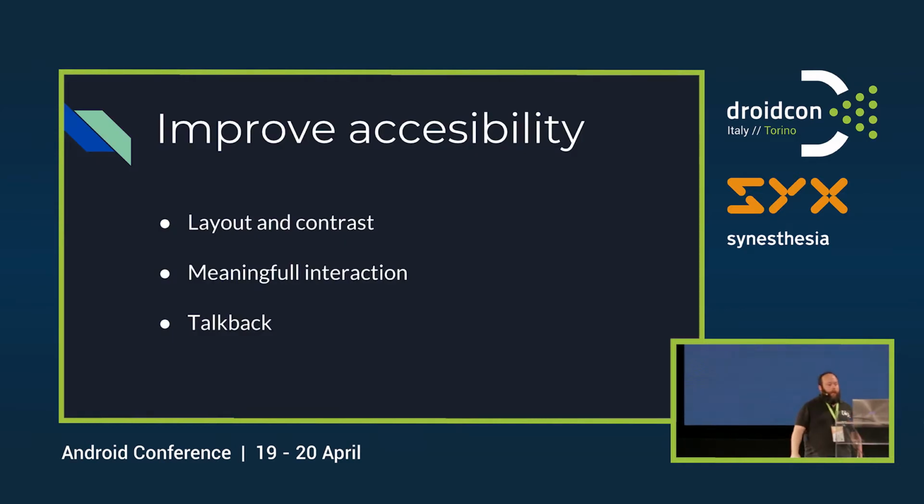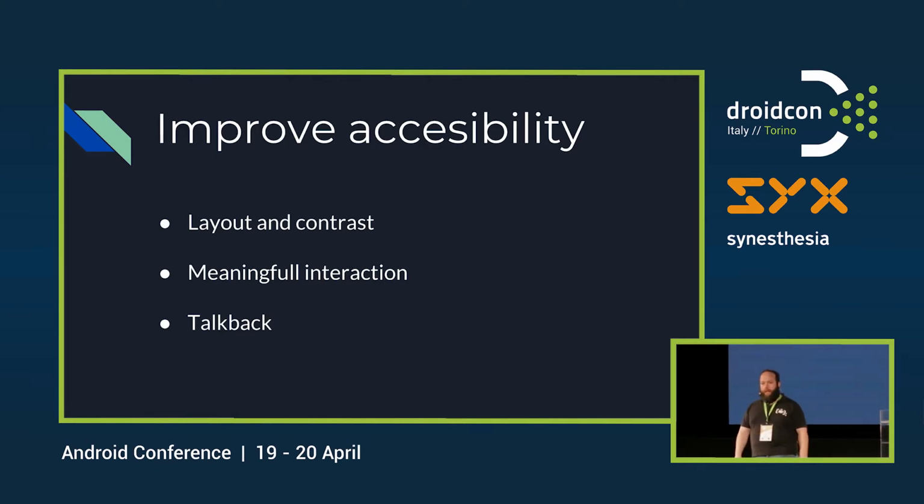Okay, let's see. How can we improve accessibility? Android offers a great choice of options to improve accessibility. Let's explore them. One of these is the layout and the contrasts, because if we choose a bad layout, this will affect the users. Also, meaningful interaction.